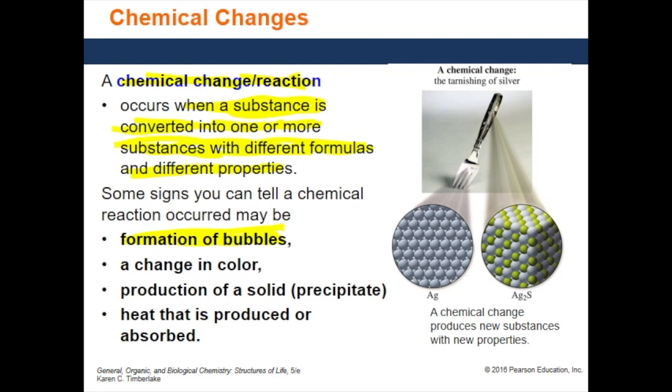Baking soda here is a base, and the lemon juice or vinegar being added is an acid. During this reaction, a lot of CO2 is produced, and that CO2 is released in the form of gas, which causes the reaction to look like bubbles. That is an indication of a chemical reaction. Here, the sodium bicarbonate and the acid from vinegar react to produce something completely different, which is CO2.